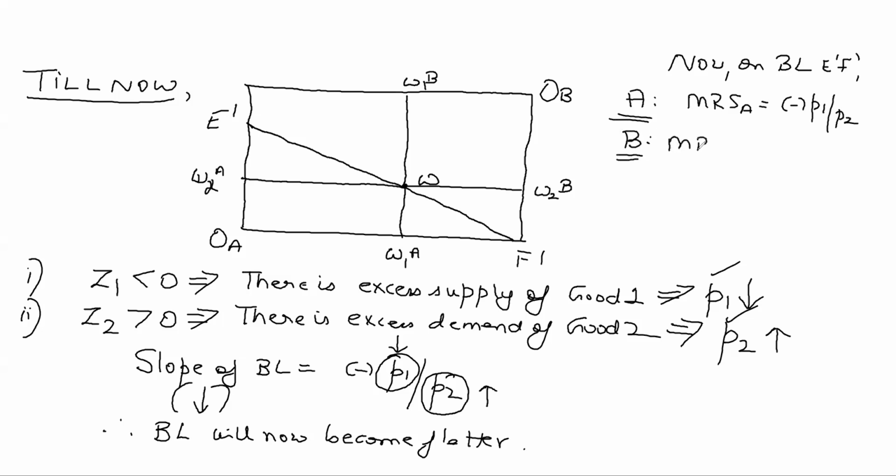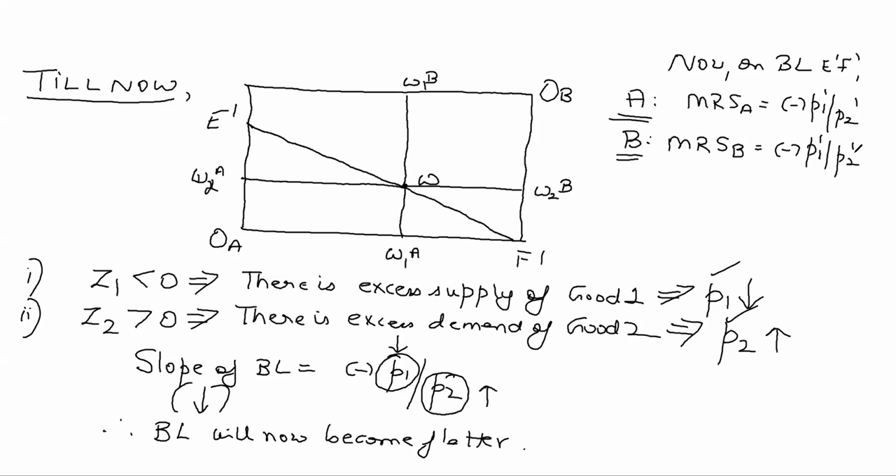Where MRS of B is equal to the slope of the budget line, which is again minus P1 by P2, or I can say P1 dash by P2 dash because prices have changed. So agent A will consume where MRS of A is equal to minus P1 dash by P2 dash. Agent B will consume where MRS of B is equal to minus P1 dash by P2 dash.